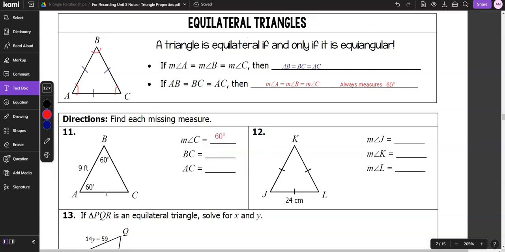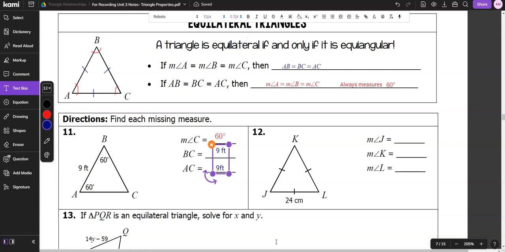And then if all three angles are congruent, then that means all three sides are congruent. So if AB is 9 feet, then it stands to reason that BC is 9 feet and AC is 9 feet.